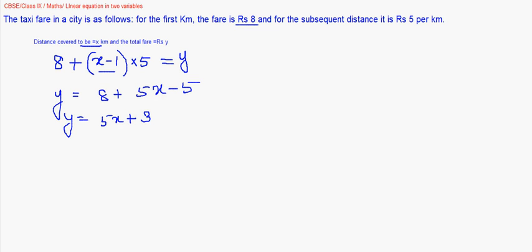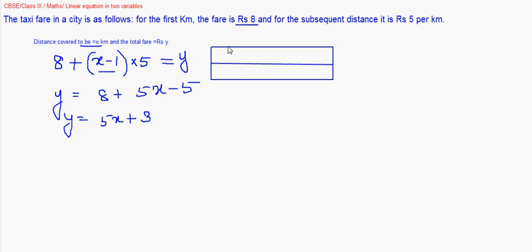Now to draw the graph, we have to make a table, and after that you can plot the graph. If I take this as x and this as y: if the distance is 2, then the fare is 5 times 2, 10, plus 3, 13.